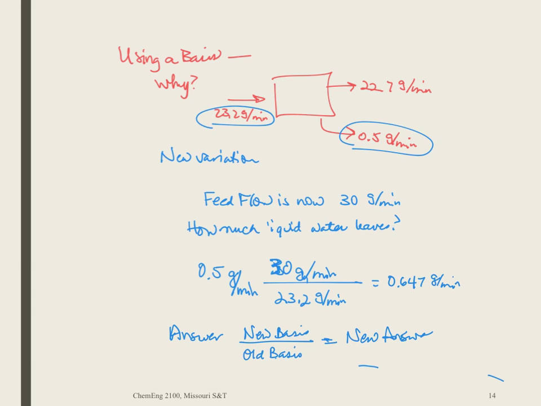And I can use this on any of my flow rates, whether it's mass or mole fractions. It's a very easy way, so I can work a problem one time and then vary it to meet different needs.